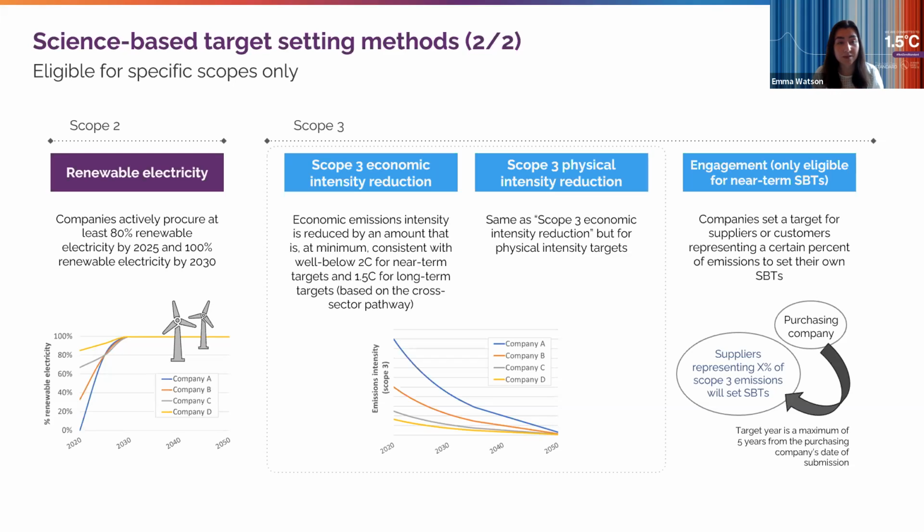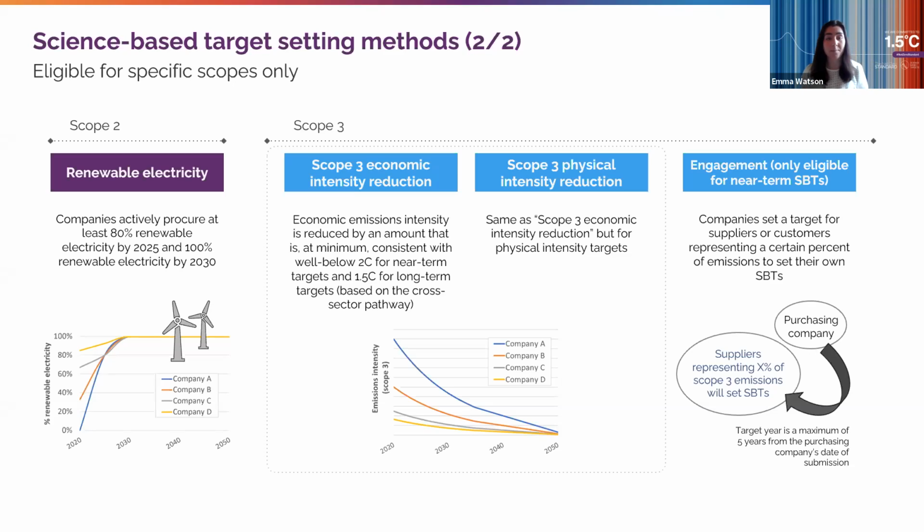And in both of these methods, the economic or physical intensity would be reduced by 7% year on year, or in the long term, reduced by 97% overall.